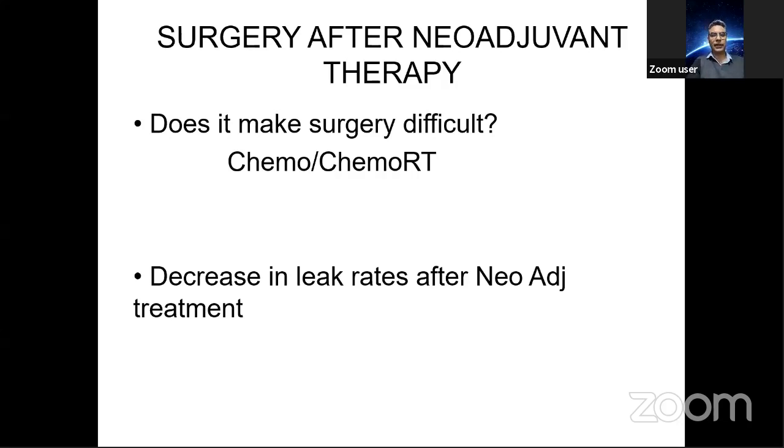Definitely, it has not increased in my experience, but the experience is not that much that I can deduce that it has a positive effect. Right. So we can at least deduce that it does not make our surgery any more difficult, and complication rates do not increase after neoadjuvant therapy of borderline resectable pancreatic cancers. Correct. Right. Next slide, please.